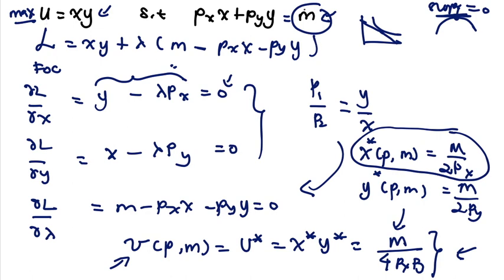On the other hand, if we want to minimize expenditure, this time we want to find the minimum cost or expenditure that we can have for a given utility that we want to achieve or are desiring. So let's look at this now.